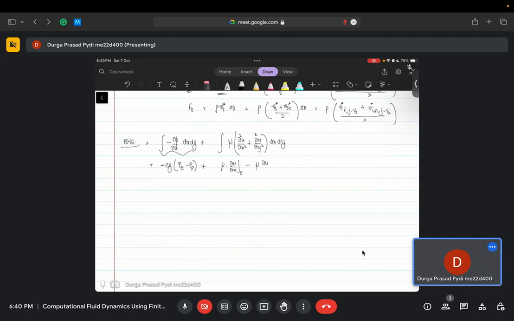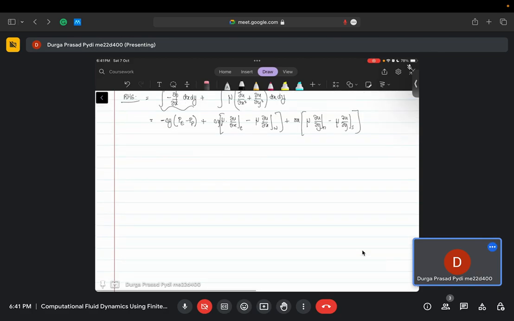So it's again very similar to our previous ones. So you have a delta y times this, then you will have a delta x times del u del y on the north face minus del u del y on the south face.